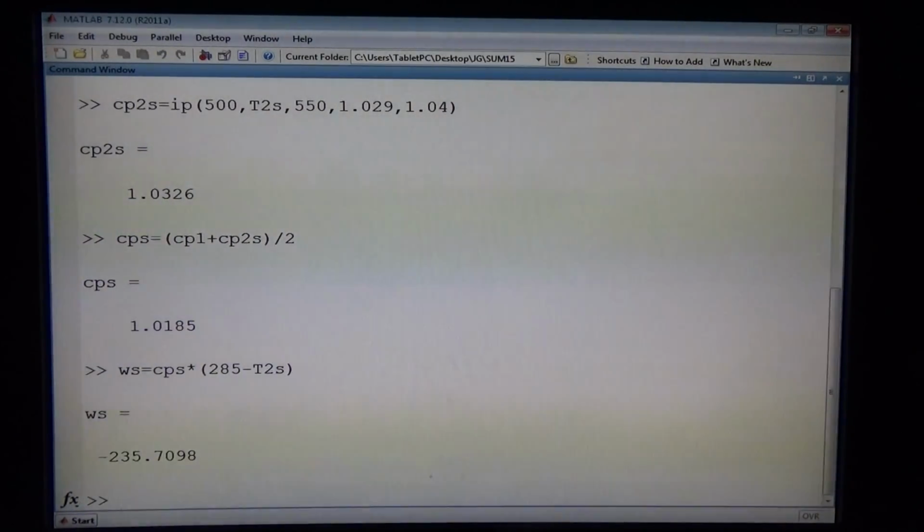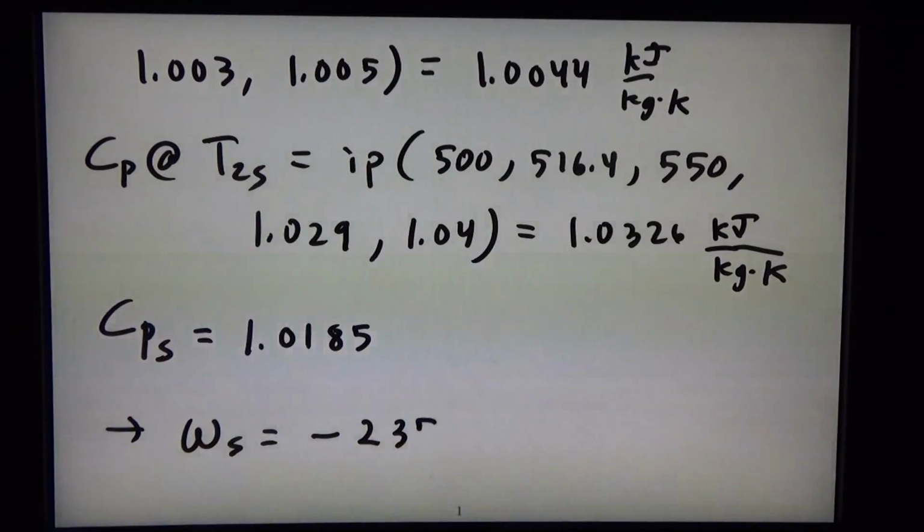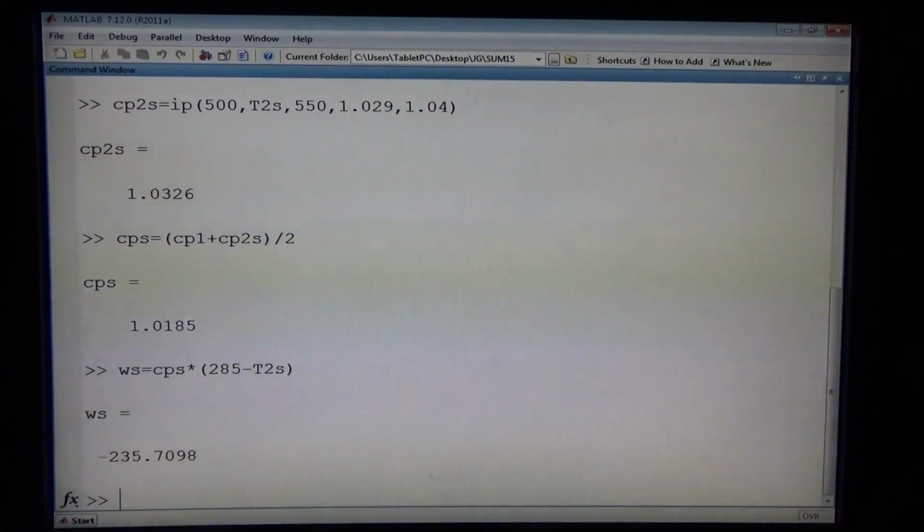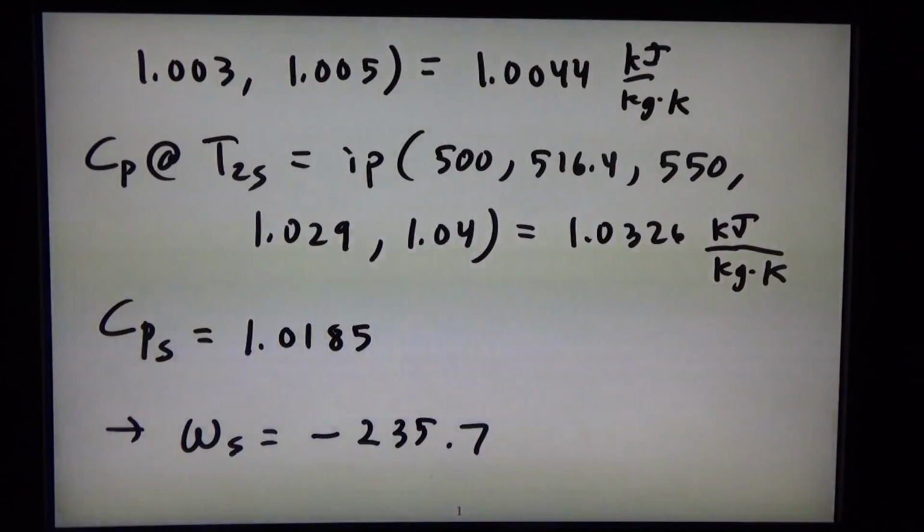So the isentropic input work is negative 235.7. Alright, so that's the minimum input work for this compressor if it was isentropic. But we have an actual compressor, right? So what we're trying to figure out, what is the actual input work for the actual compressor?